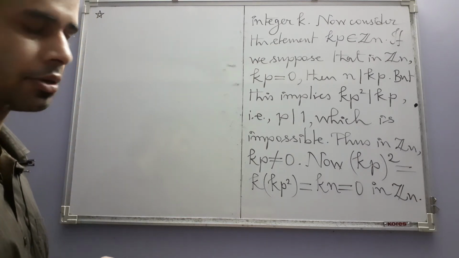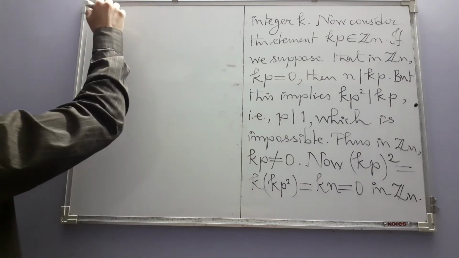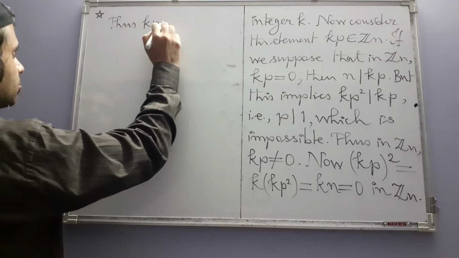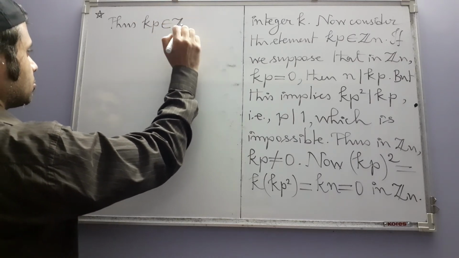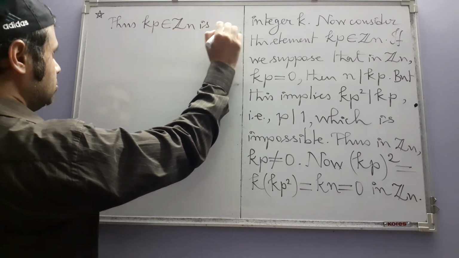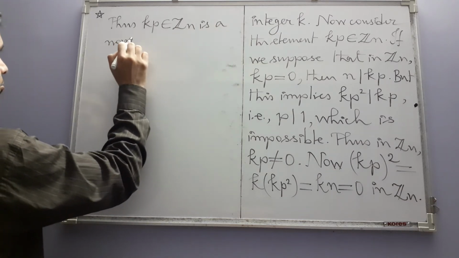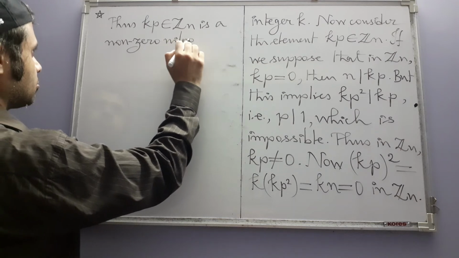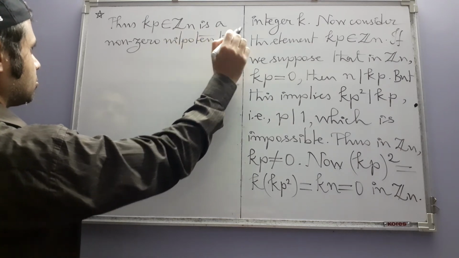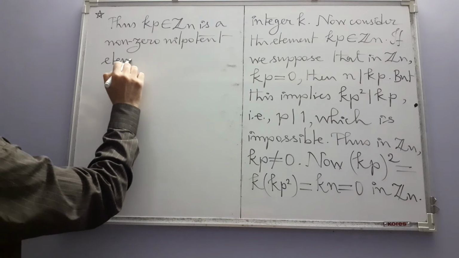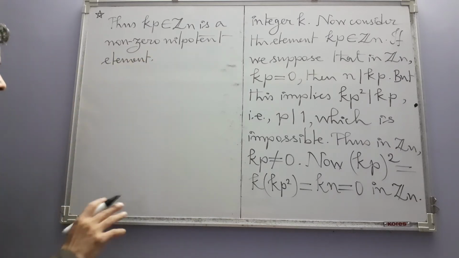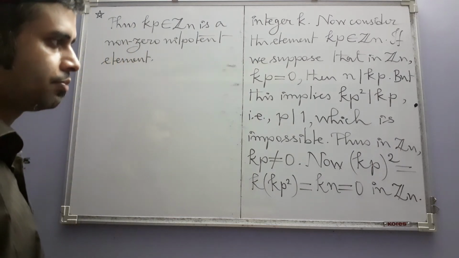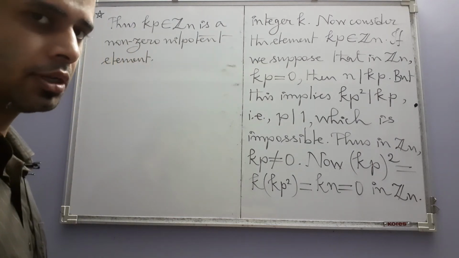So that means it's a non-zero nilpotent element. So that means if our modulus n is divisible by the square of a prime, then Z_n has a non-zero nilpotent element.